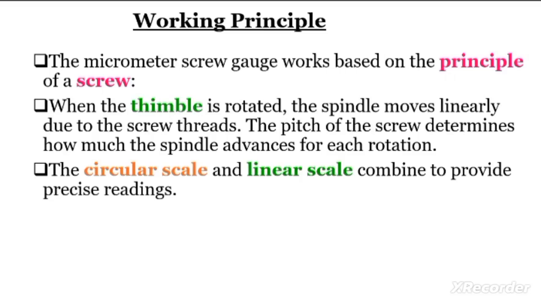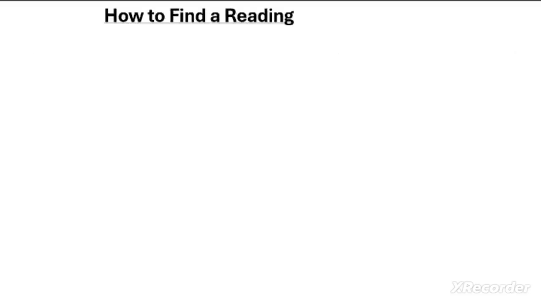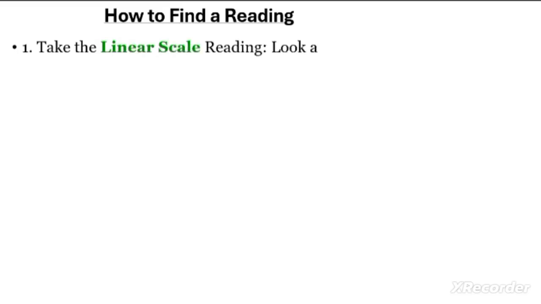The next thing we are going to look at is the steps we need to follow when finding the final reading. Step number one: we need to take the linear scale reading.